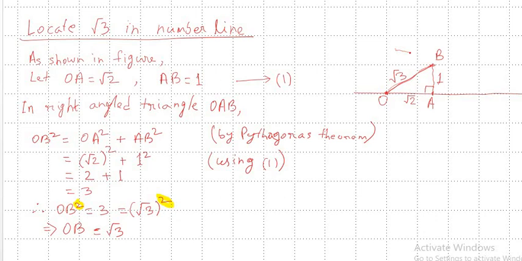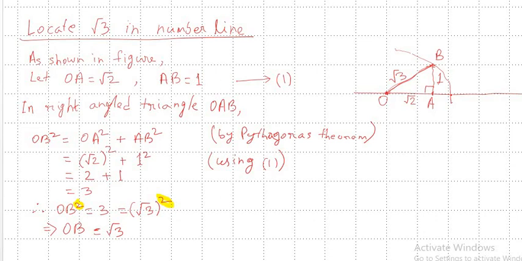You have to use a compass here. As I have no compass, I am just showing you. You always draw with the help of a pencil and compass. Take this one as the center and OB as the length of the radius and draw the arc like this till it cuts the number line here.